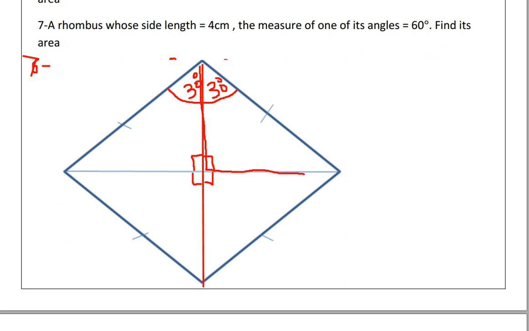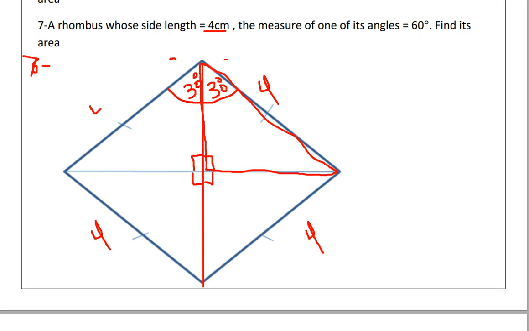This triangle is a right angle triangle, and it has an angle of measure 30 degrees, which means we can call it a 30-60 triangle. The side length is given as 4, and because this is a rhombus, all sides are equal length, each one of them is 4 centimeters.